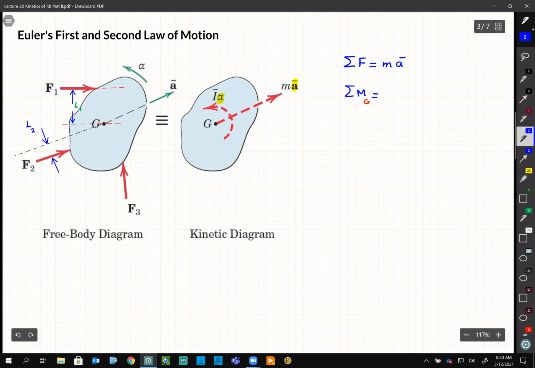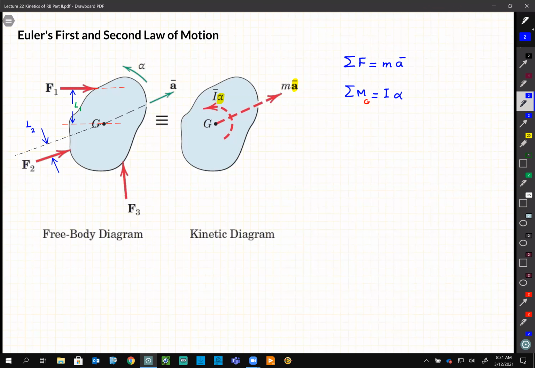And same for F3. So we calculate the moment about point G, but for us here, this other side of the equation is important. It is equal to I bar alpha. All right.